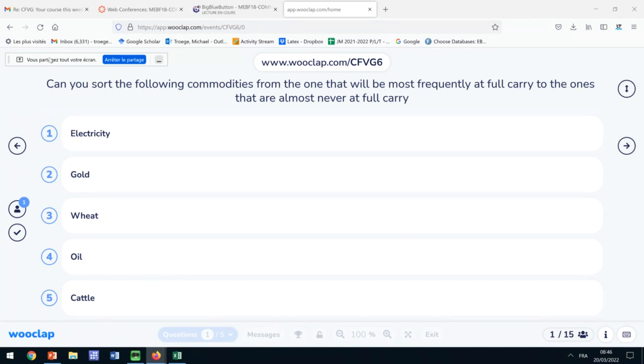So the idea is to sort this. It's a sorting question. The ones that are most frequently at full carry should be on the top, and the ones that are almost never at full carry should be at the bottom.